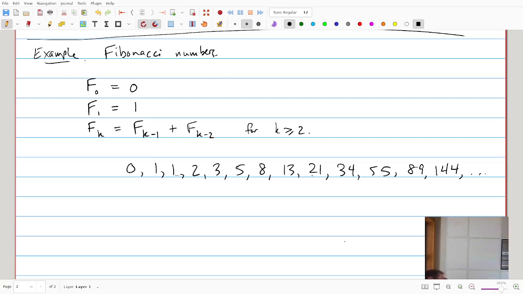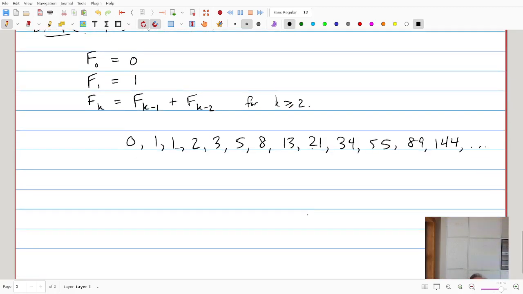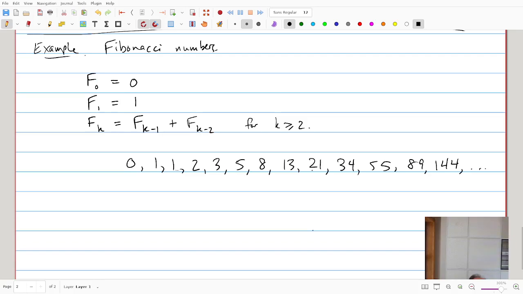They're famous partly because people defined these hundreds of years ago. Also, they show up in lots of places, and they have lots of interesting properties. So we're going to try to prove some things about them, and we'll see what we end up needing in order to do that.